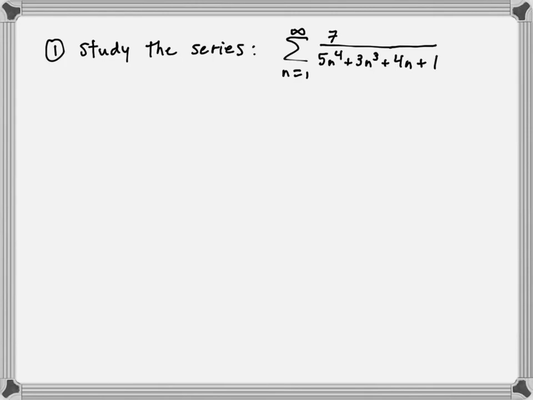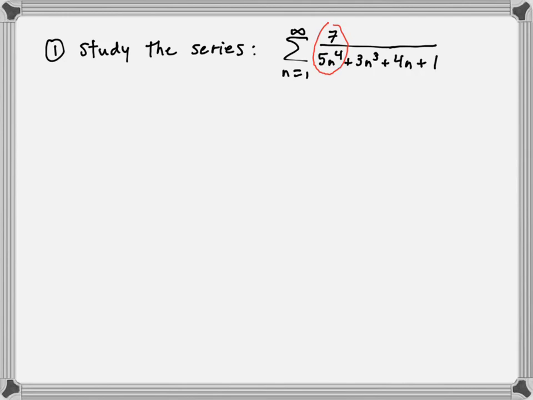Now, you can see that this is a very complicated series, right? You've got this giant 4th degree polynomial underneath, and it's hard to study this directly. So what do we do? Well, think about the part of this that does matter, what happens when n gets really large. The terms that are going to dominate are as follows: when n gets large, the 4th power on the bottom will dominate. So as we get big, that's all that's going to matter.